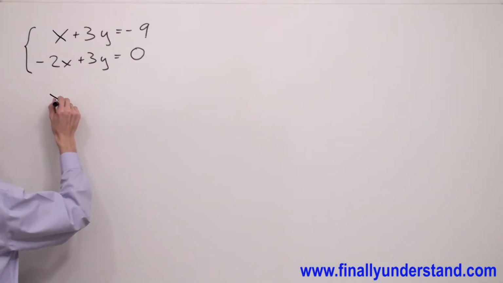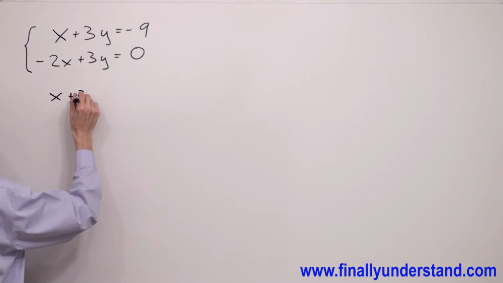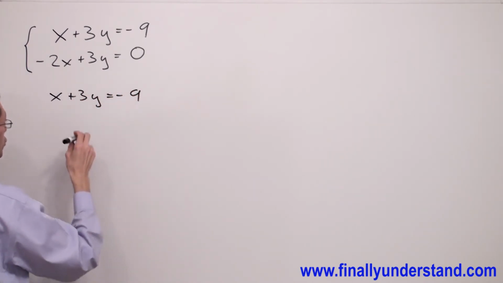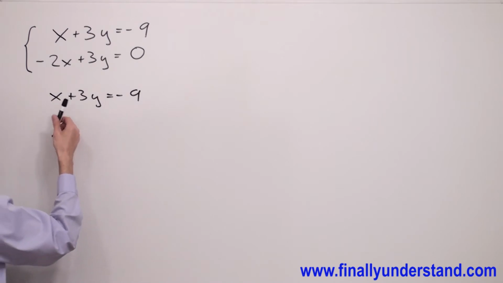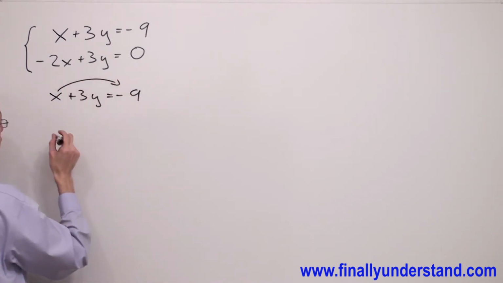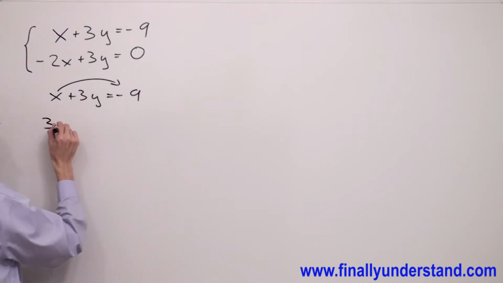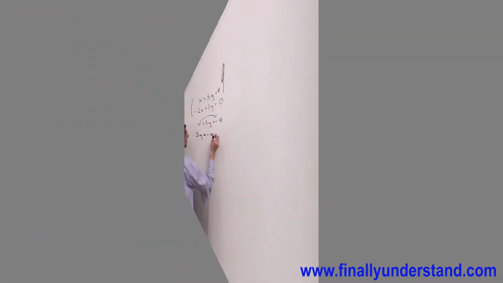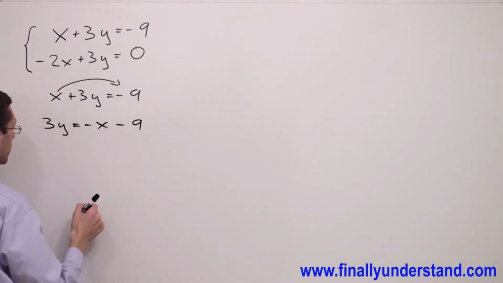So I have the first equation, x plus 3y is equal to negative 9. I'm going to solve this equation for y like always. So I move my x to the right side and I have 3y is equal to negative x minus 9.